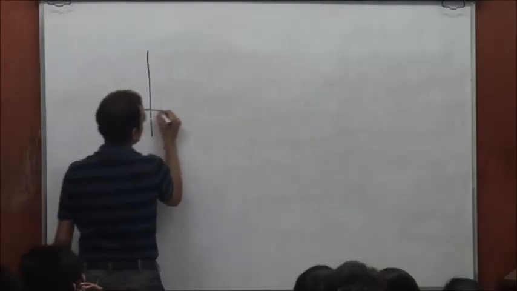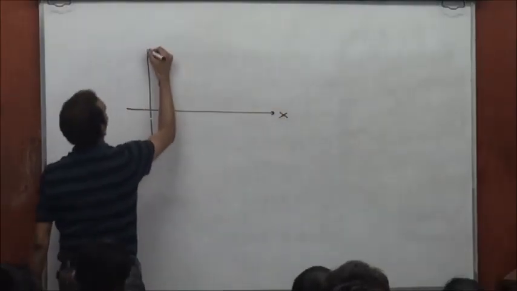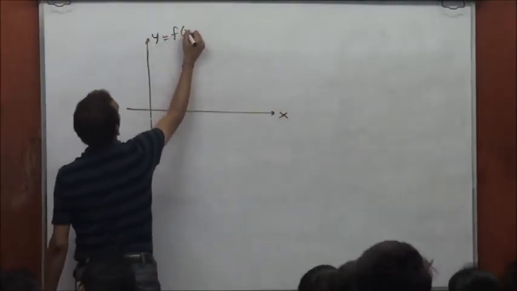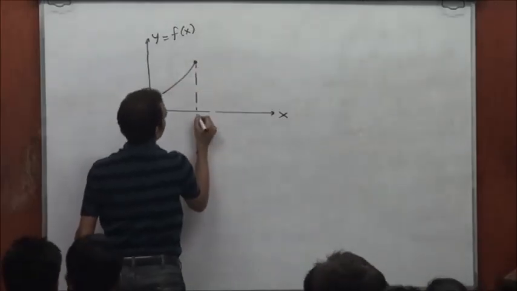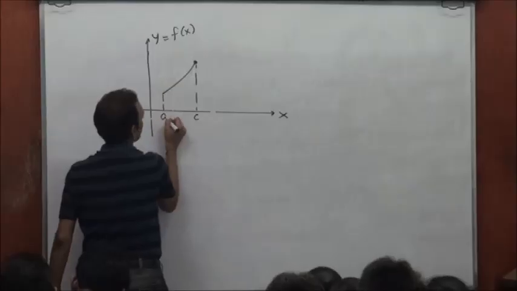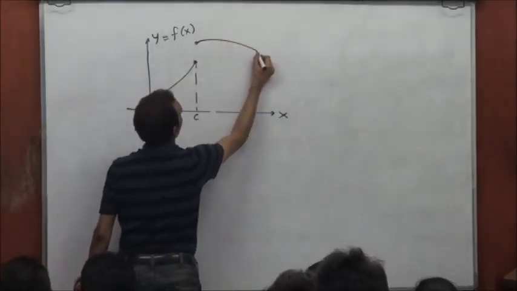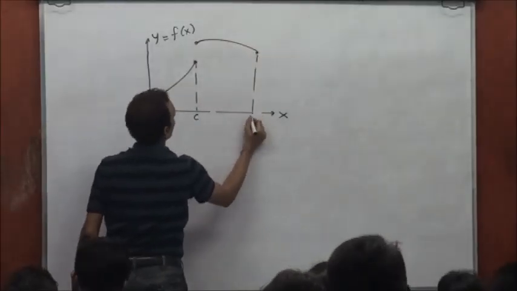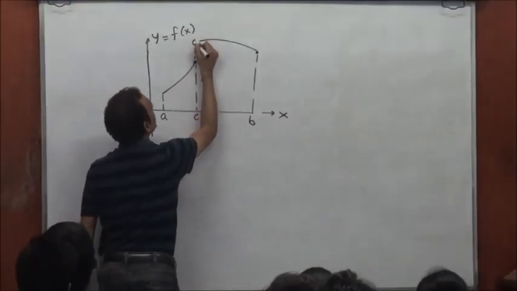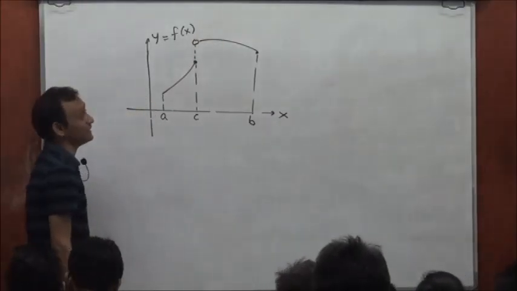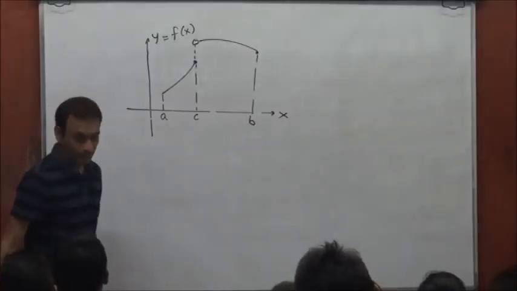So far so good, right? Now, there could be a function which could be discontinuous at a certain point C in the interior of (a, b).